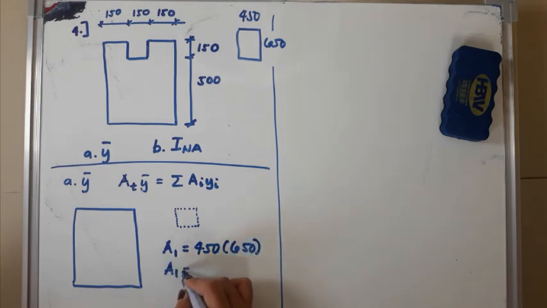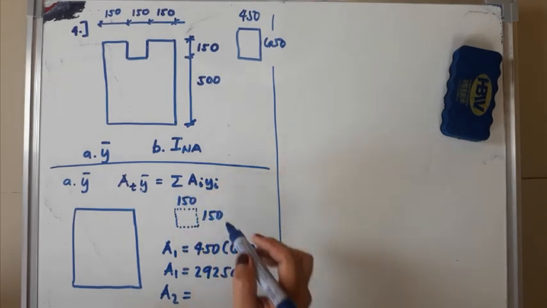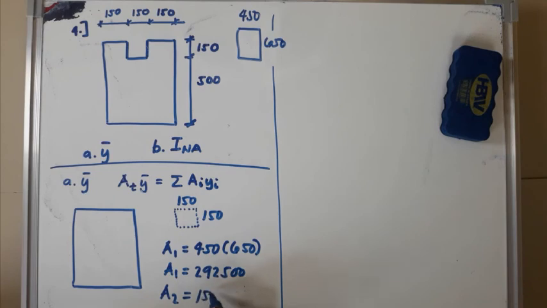That's our area 1, 292,500. Our area 2 will be the area of the hole. This hole here is 150 by 150, so 150 times 150 is equal to 22,500. This is millimeter square.